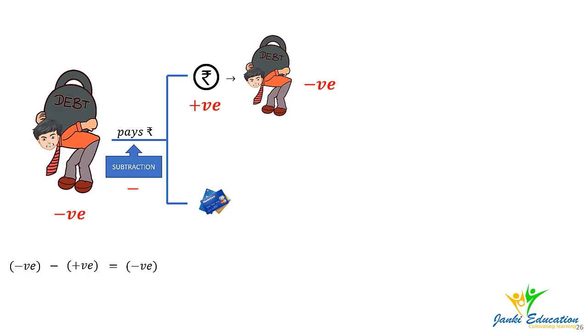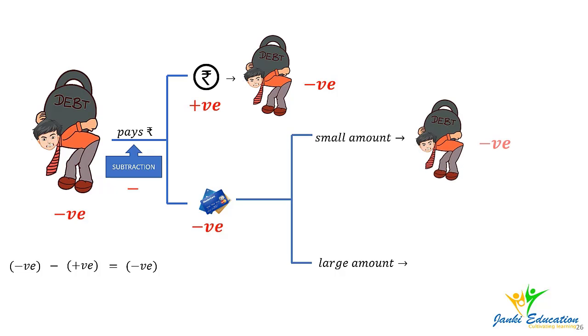As well, this borrowing may be of two types, either a small amount or a large amount. Here, if I pay a small amount of the borrowing, which is negative, I will remain in debt only. After paying a small amount of debt, I will remain in debt only. So it is negative.